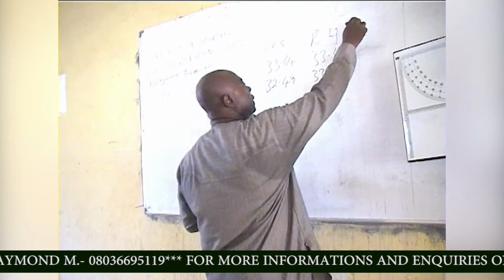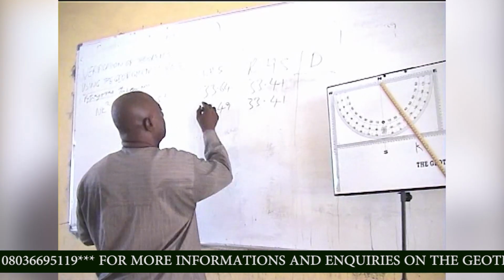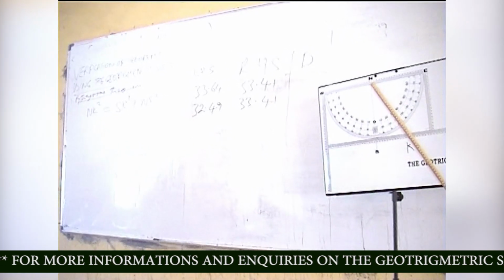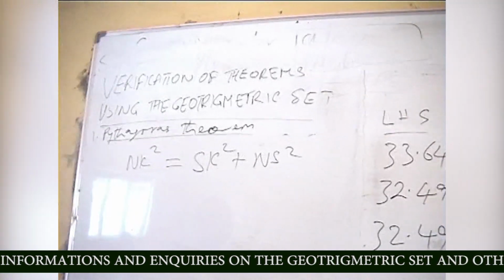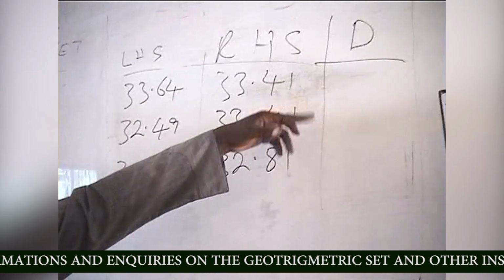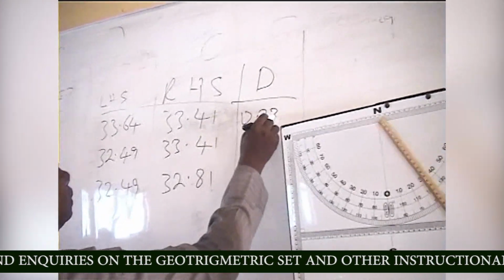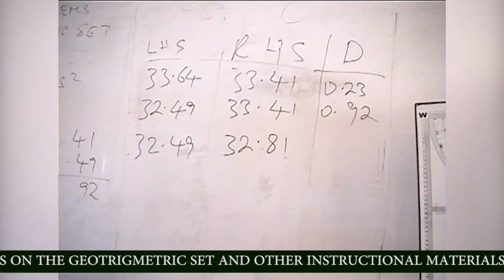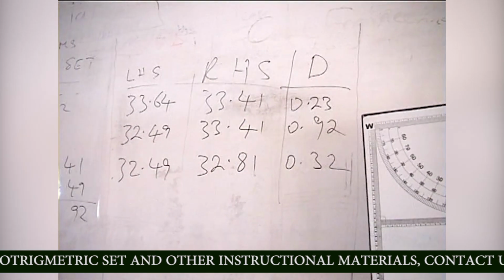We are going to look for the difference. The difference will tell us who is nearest to the answer. This one is 0 point what?